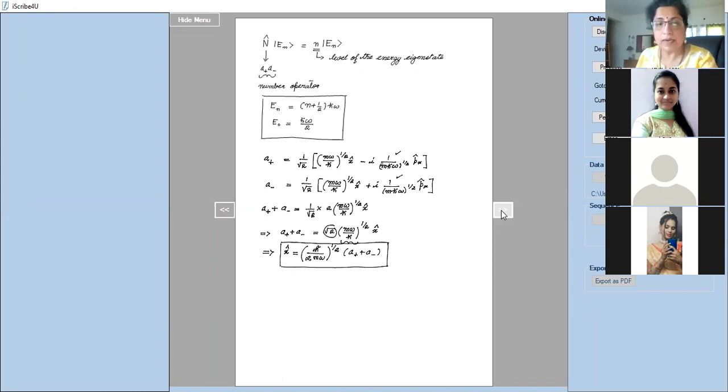Okay. Now let's look at the other one. Let's do a plus minus a minus. What will we get? It doesn't matter. We'll get root 2 into minus 2i, right? Minus 2i, (1 upon mħω)^(1/2) px.